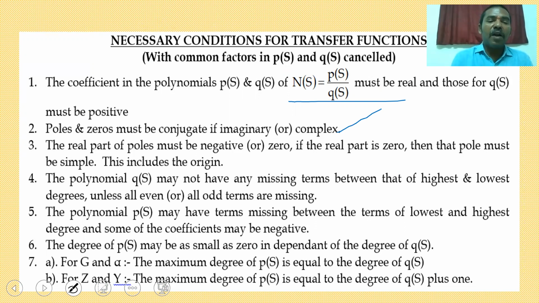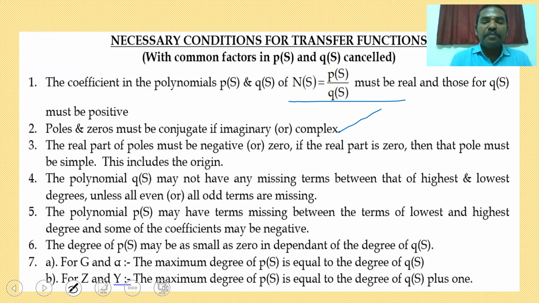So in the polynomials, either the lowest order or highest order is missing. So all odd terms are missing or all even terms are missing. That is acceptable for poles, but for the zeros, any missing terms in the polynomial are allowed.